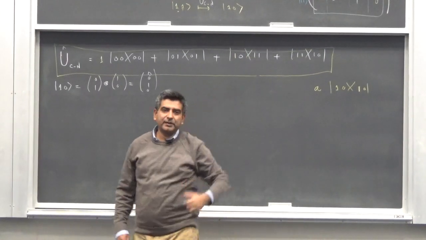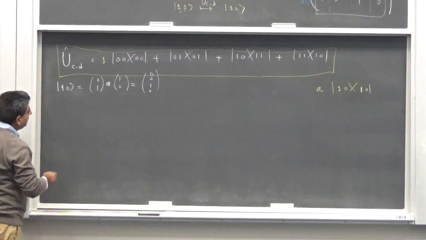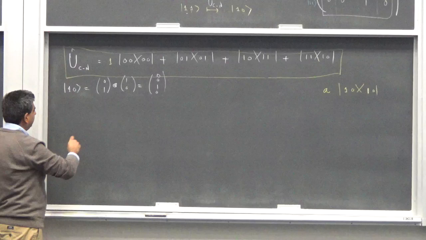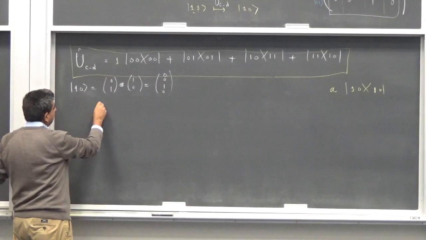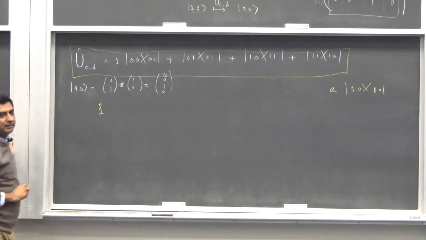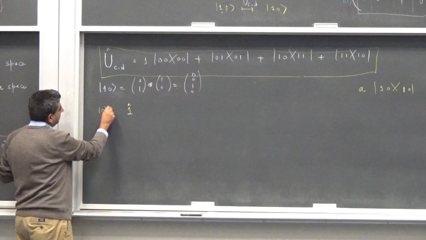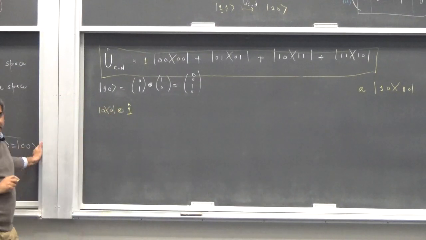Now suppose, just for the sake of it, I write identity, ket 0 bra 0, cross with identity.